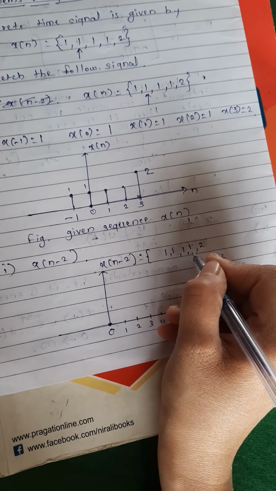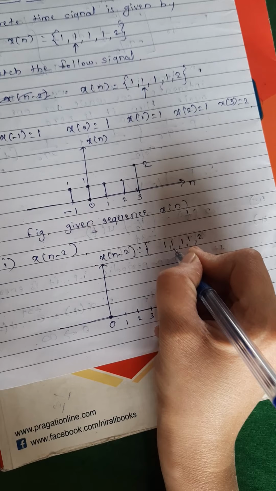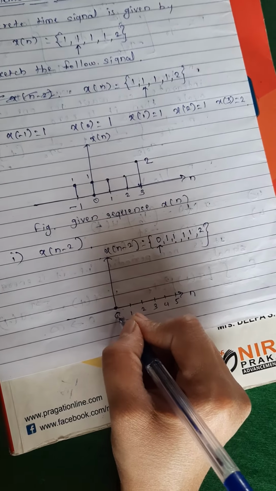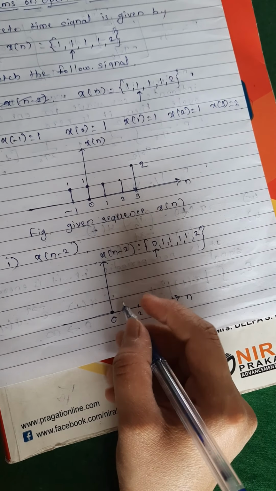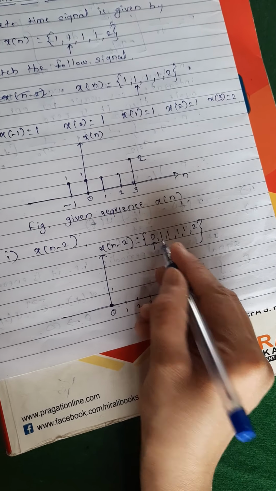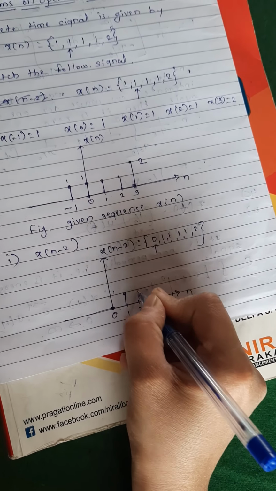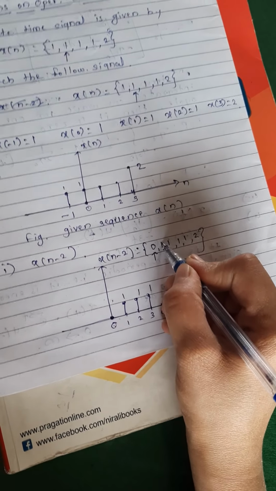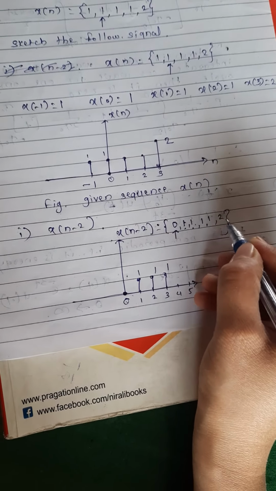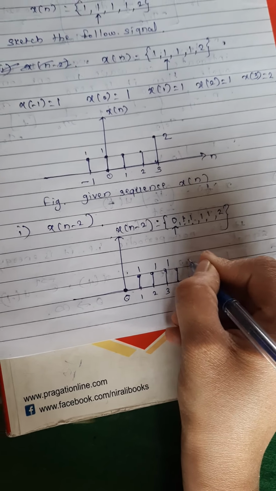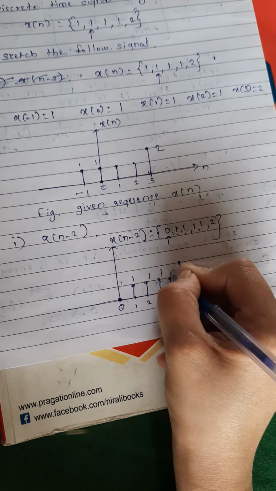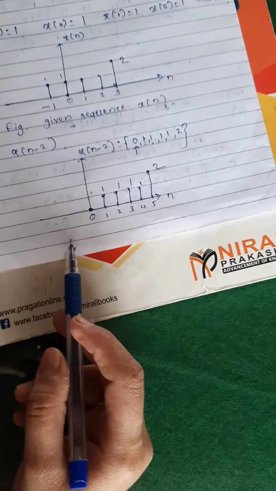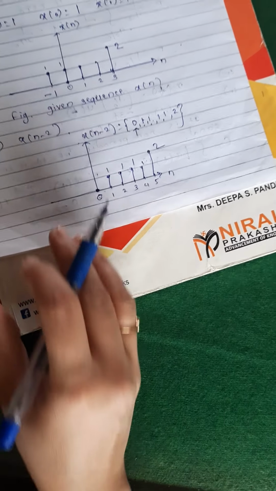Originally the arrow was here, now the arrow is at this place. So for 0 it is 0, for x of 1 it is 1, and so on up to x of 4. For x of 5 the value is 2. So this is the sequence for x of n minus 2.